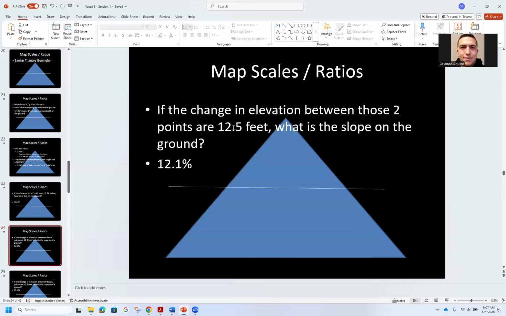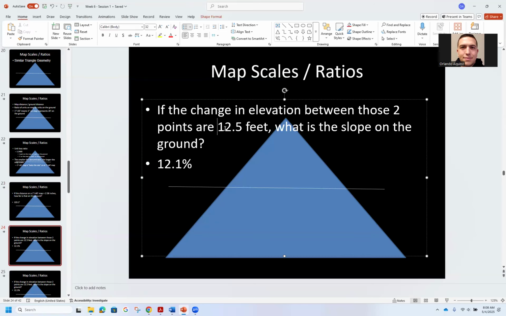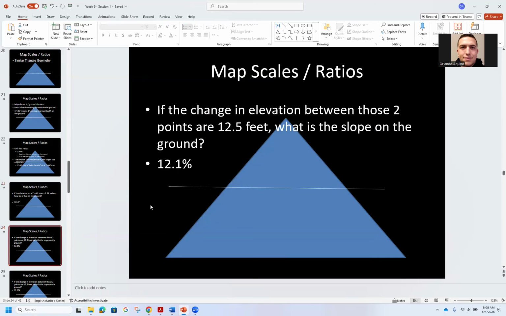Your rise over run: 12.5 divided by 103.2 gives you 12.1%. Without the percentage sign, that would be 0.121.